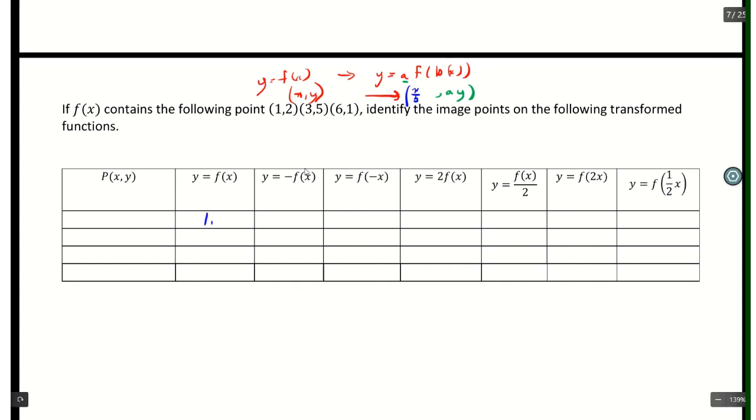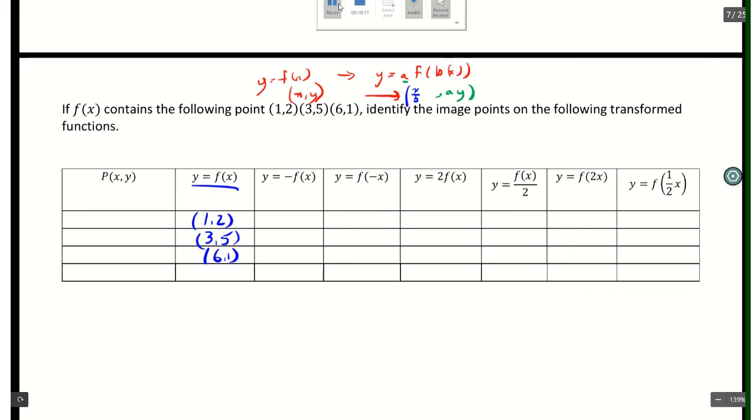If I have point (1, 2), point (3, 5), and point (6, 1), these are all points on f of x. What do they become on these graphs as you transform them? Everything has the parent function y is equal to f of x. To me, the important thing to do is to identify what is a, what is b in each of these columns, and then transform your point.